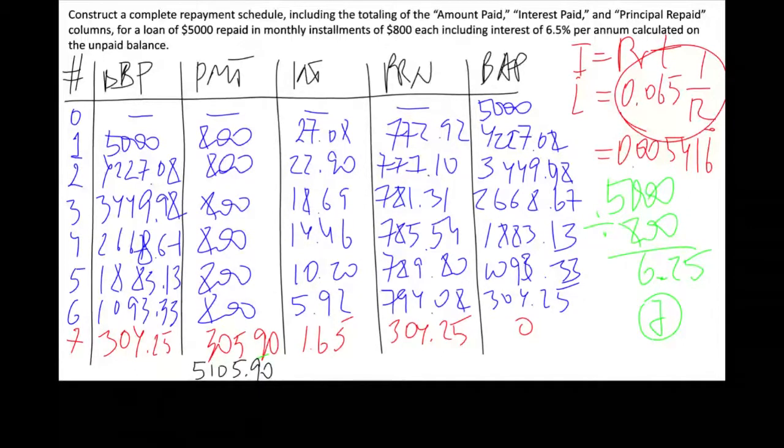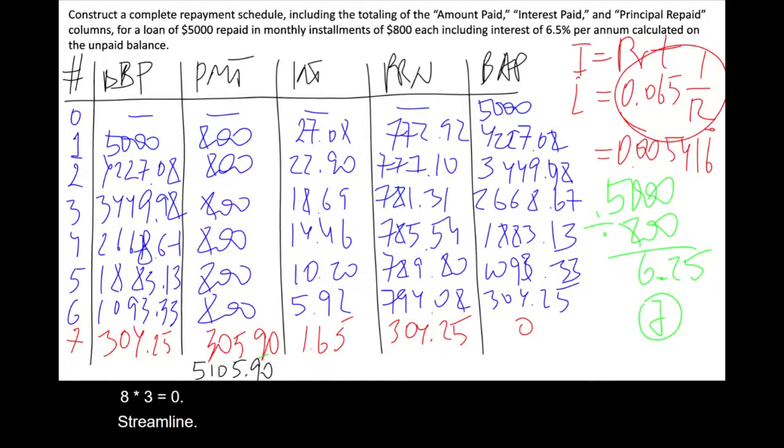Okay, 22.90. Okay, plus 18.69. Okay, 14.46, 785.54, 10.20. Okay. 789.80.